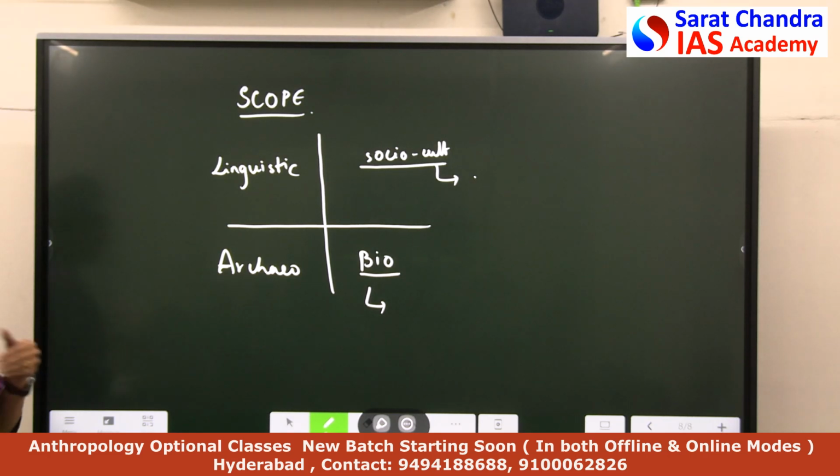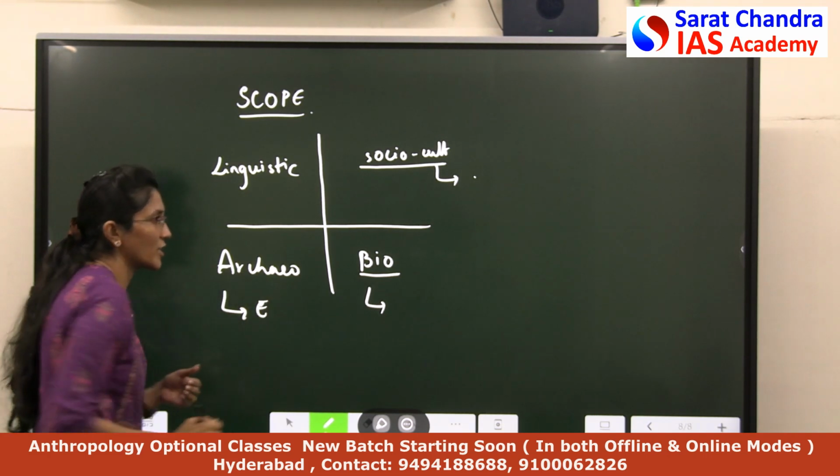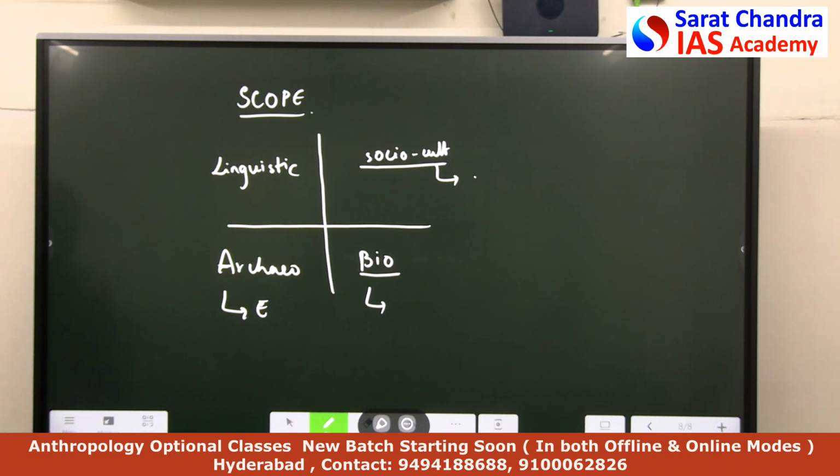And we have a subfield called ethnoarchaeology. Based on this, we try to figure out what the application of that tool was in that period. We study ethnoarchaeology in paper 2, 1.3, but this is in paper 1. Right?